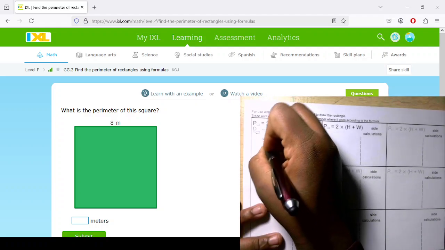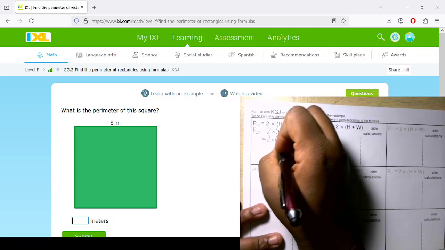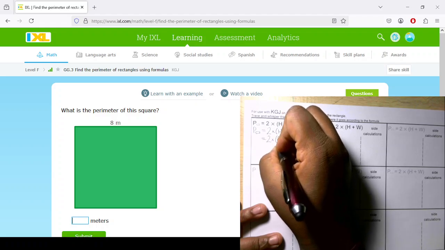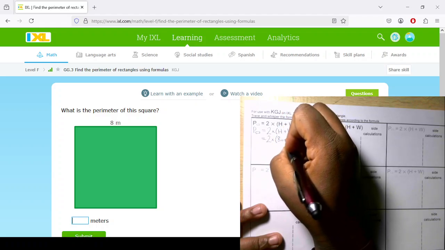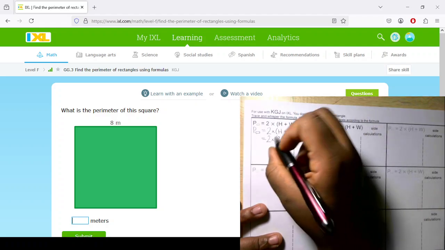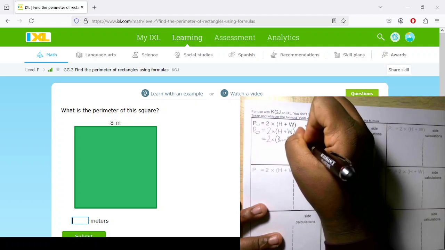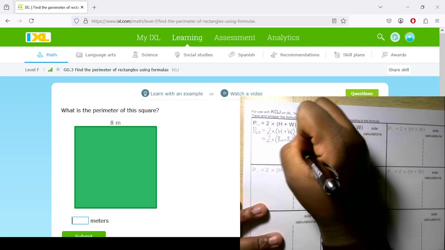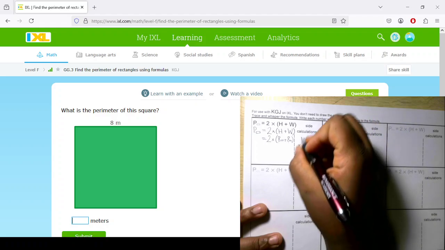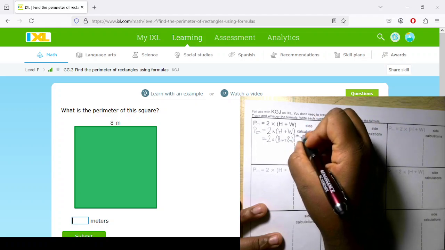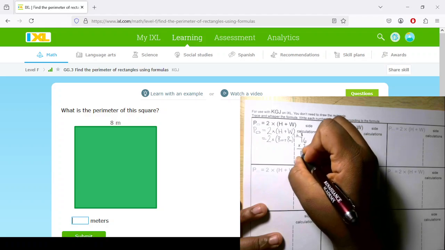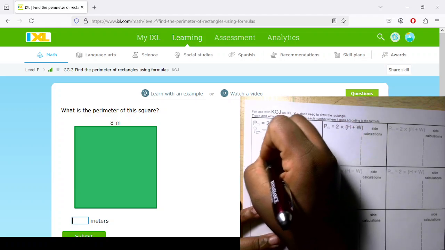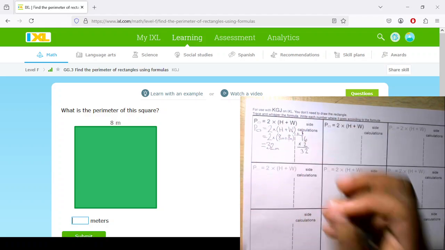So 2 times the height, since the square, the height is 8 meters and the width is 8 meters. 8 plus 8 is 16. 16 times 2 is 32 meters.